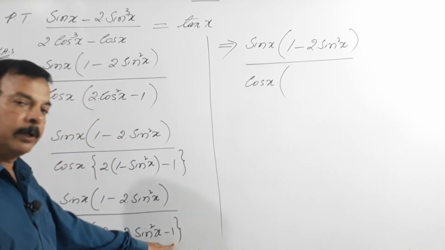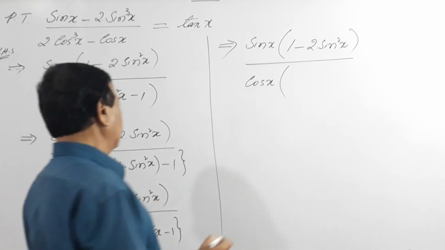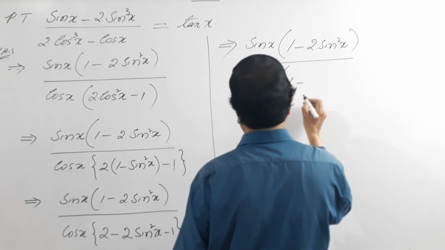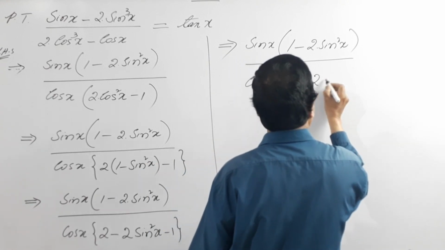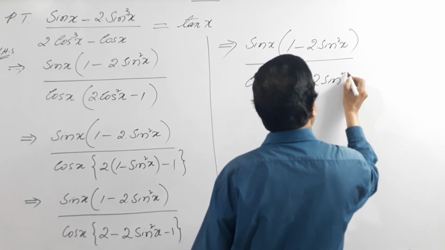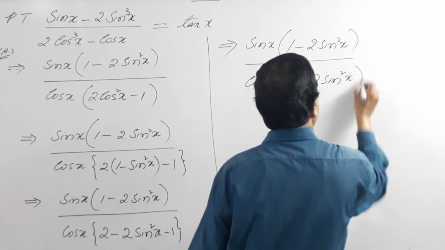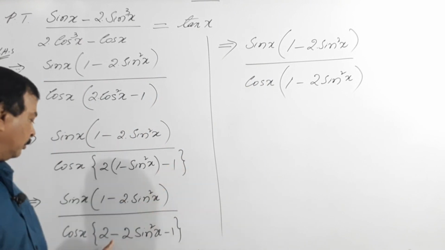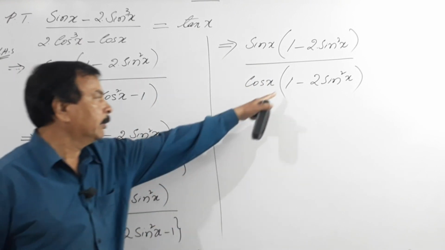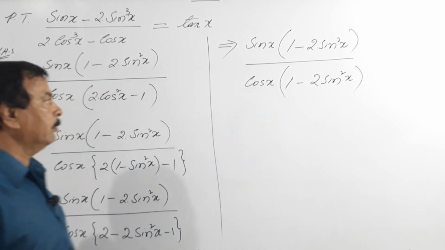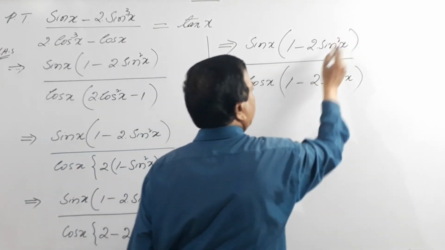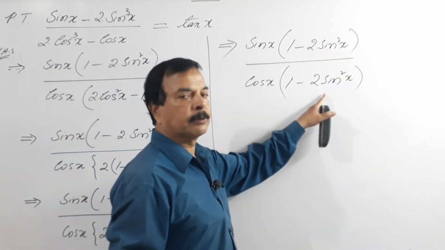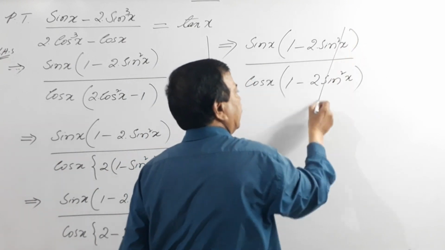Two minus 1 is 1. 1 minus 2 sin square x, correct? From this 2 I remove this 1, so I get 1 here minus 2 sin square. What happens here? 1 minus 2 sin square x by 1 minus 2 sin square x gets cancelled.